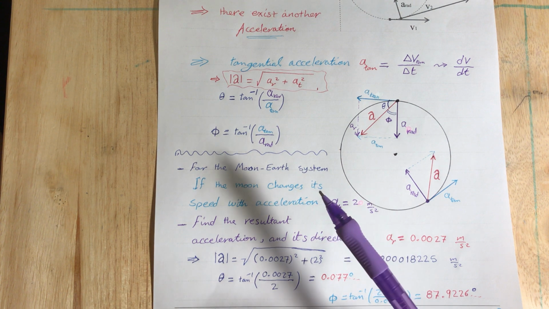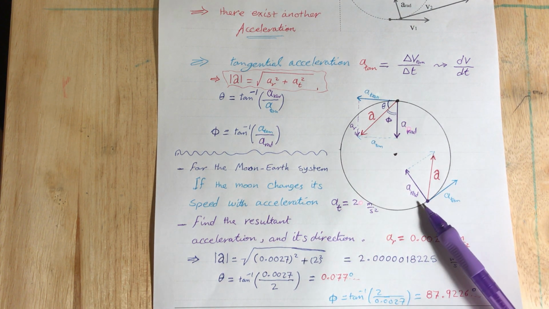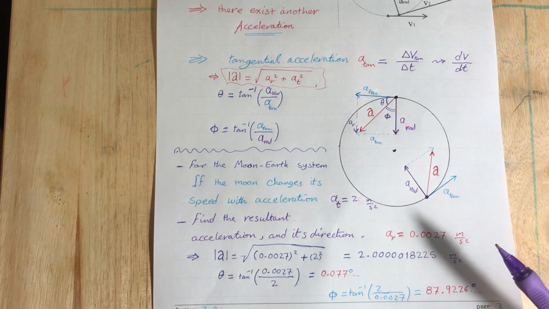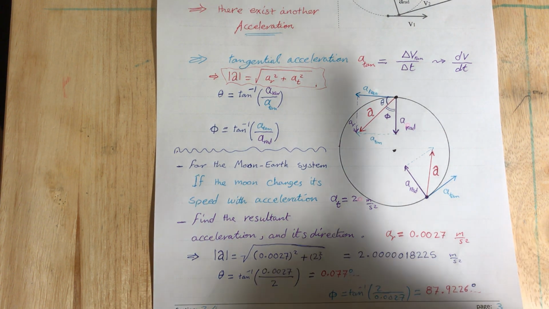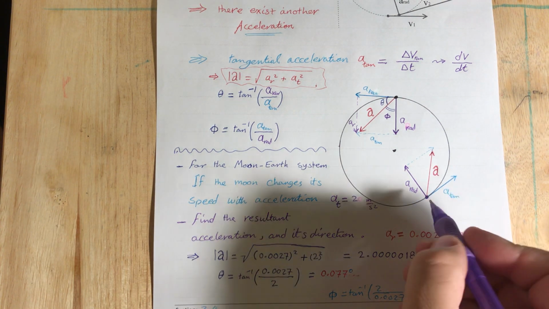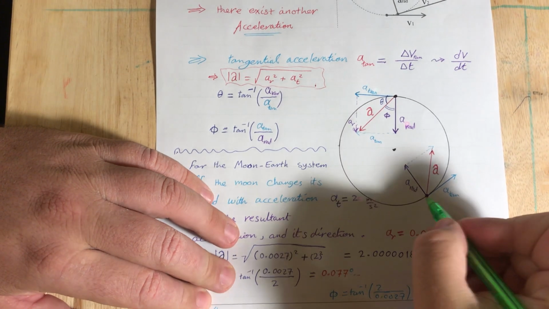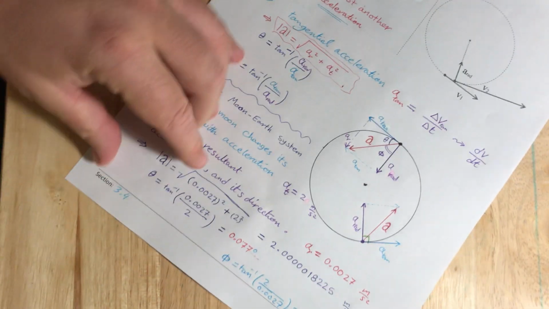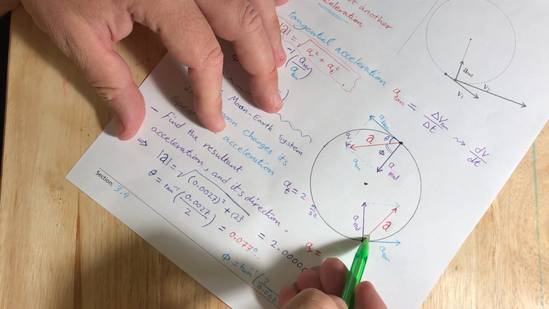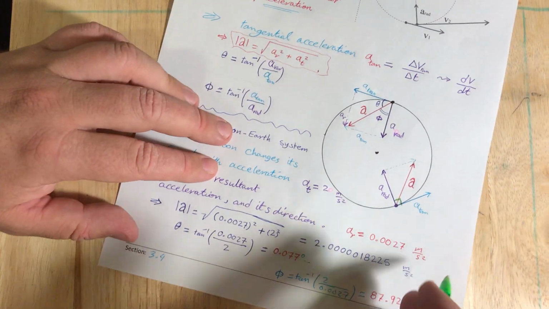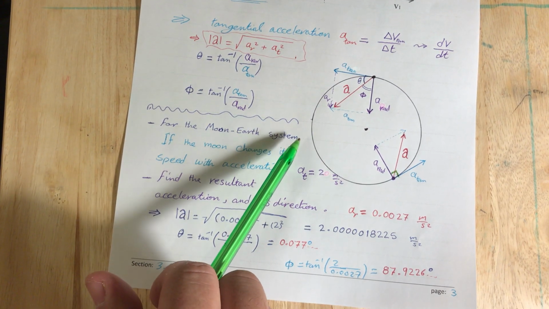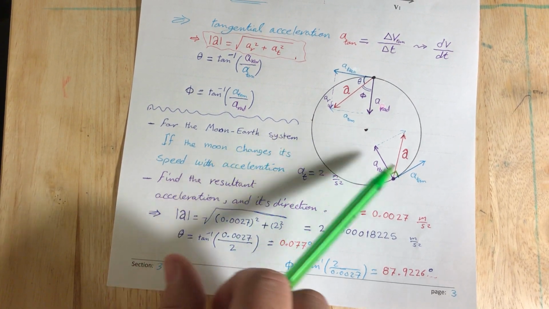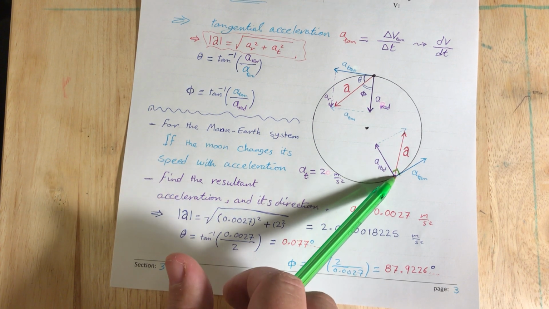Okay, now if we look, we have radial acceleration and tangential acceleration. In this case, we have two accelerations and the angle between them is 90. They are normal to each other. So we can find a resultant acceleration between them.